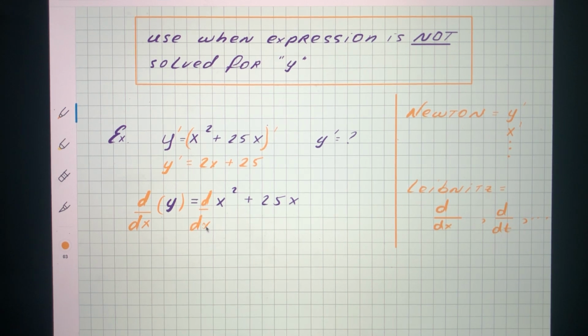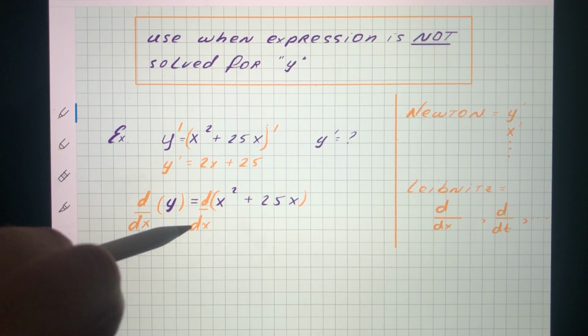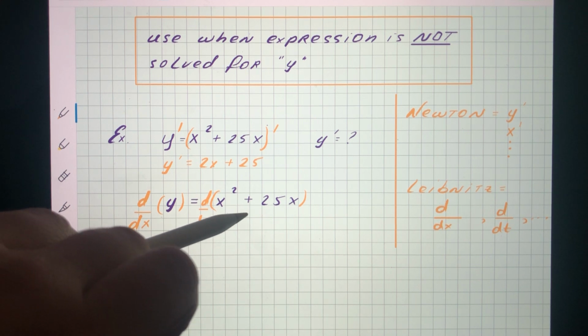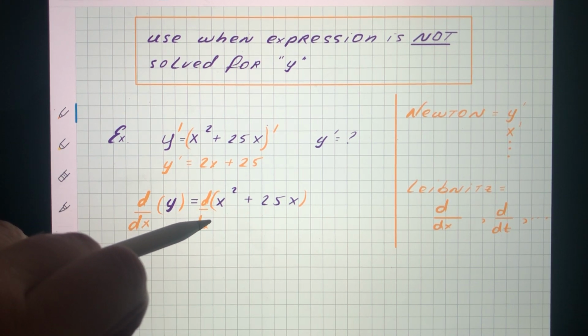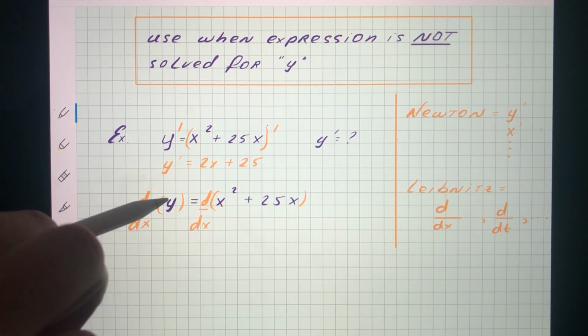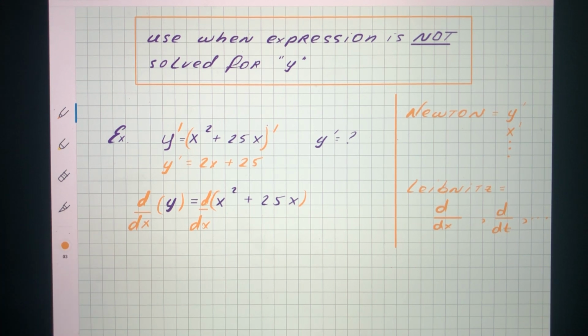Just like we were applying the prime to both sides in Newton notation, now we are applying the differential operator to both sides using Leibniz notation. Now here the derivative of y with respect to x is just dy/dx, and the dy/dx is known as y prime. So each time we see y prime, that is equal to dy/dx in Leibniz notation.